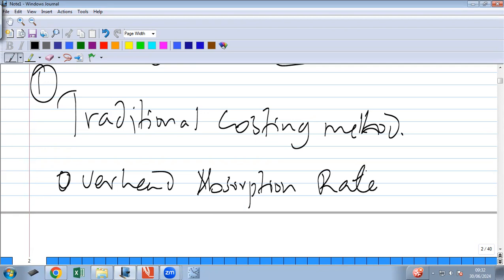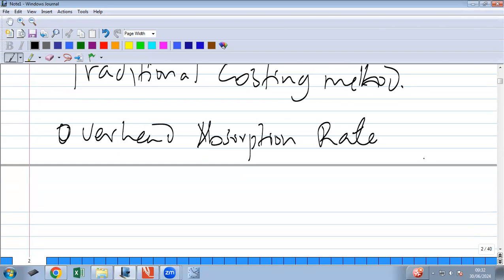That means each time we are going to allocate these costs using the traditional costing system, we need to find the overhead absorption rate, what we call OAR.